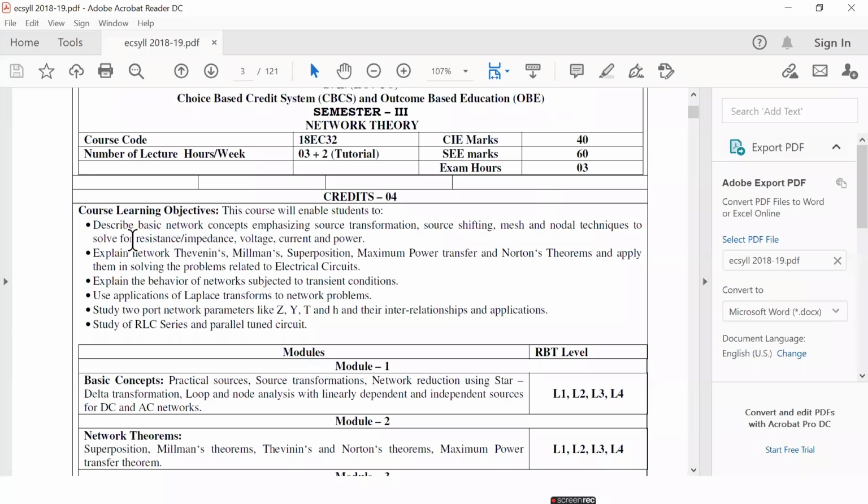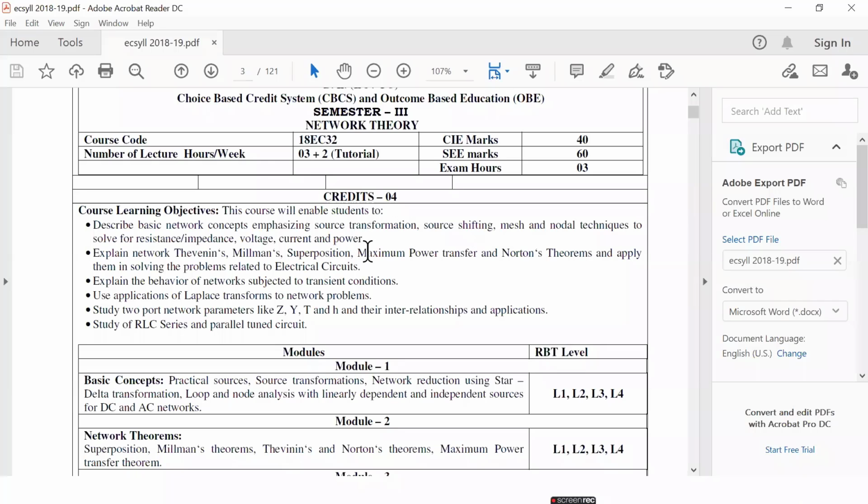After completing the course, you will be able to understand the basics of network concepts, source transformation, what you mean by source shifting, mesh and node analysis to solve the networks, and a number of problems on the concepts.